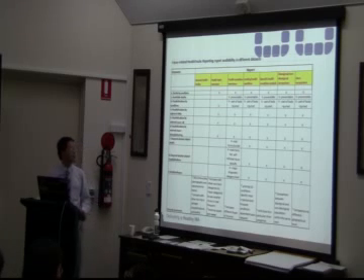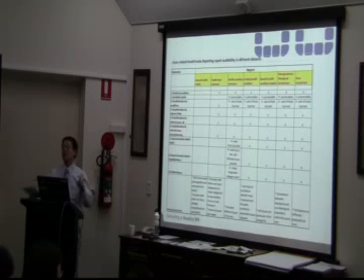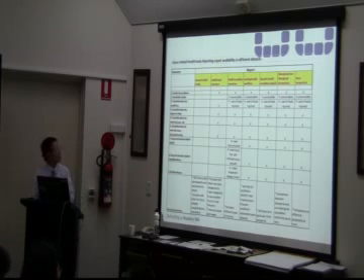From the top, you can see there are 7 reports. The first one is the general health profile. This table is available in your brochure.